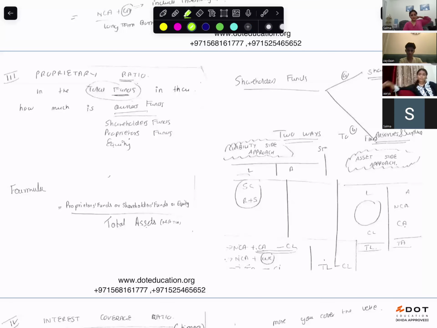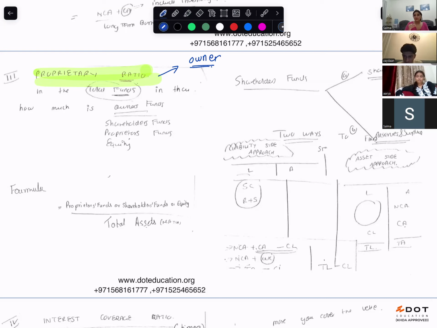When I'm talking about proprietary ratio, proprietor, do you know what is a proprietor? Proprietor is the owner of the business. So when we talk about proprietary ratio, that means in the total funds of the company, how much is the owner's funds?